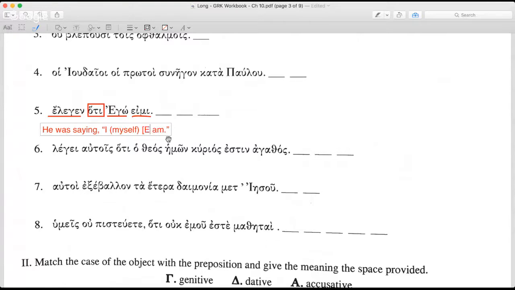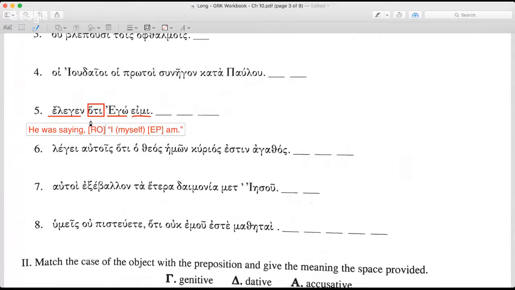Okay. Emphatic pronoun. What else? Is it the recitative hoti? Yeah, we have a recitative hoti, and you'll notice that we didn't translate hoti as that, which is, or because.